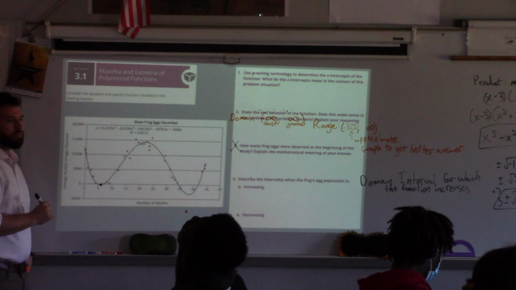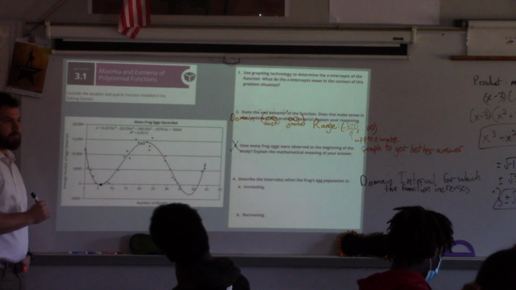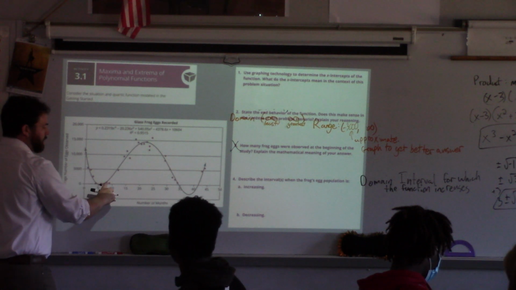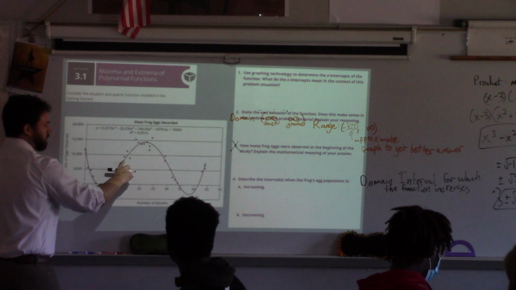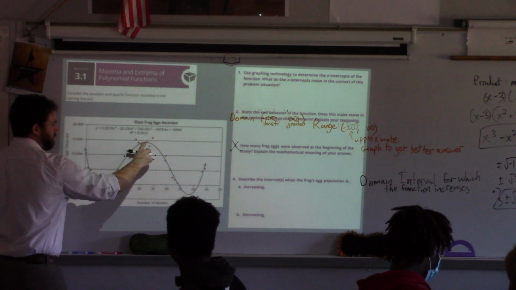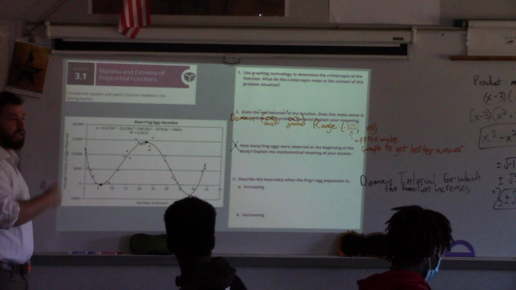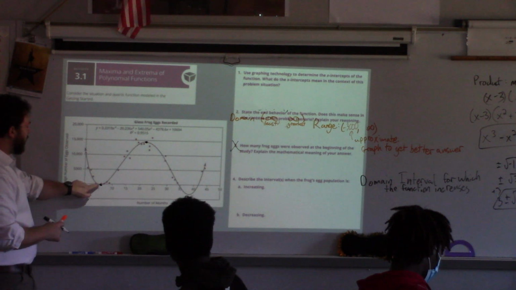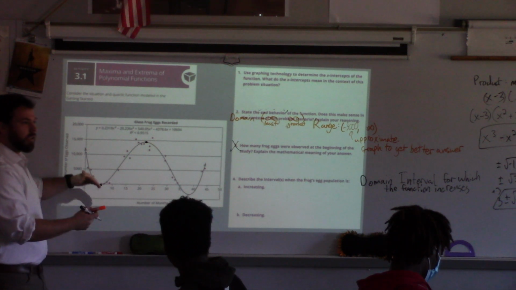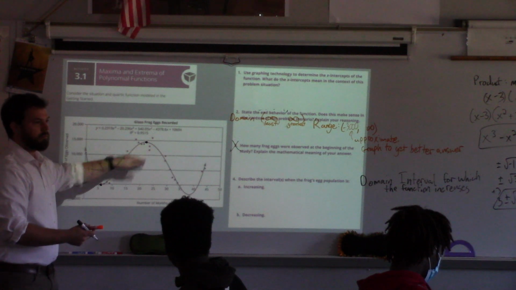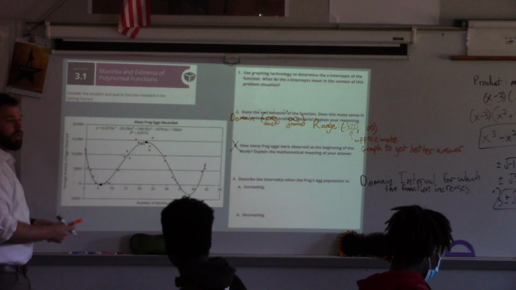Relative minimum, right? Tell me when the function stops increasing. So it stops increasing at a maximum. We want to notice that if it's going to increase, it's going to go from a minimum to a maximum. It's increasing all the way through there.